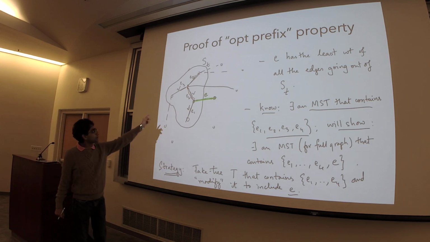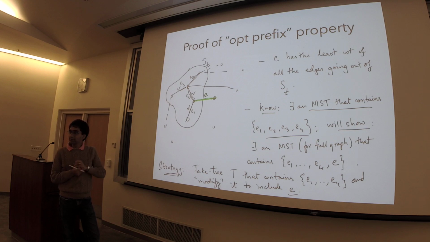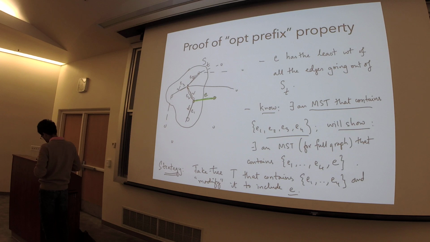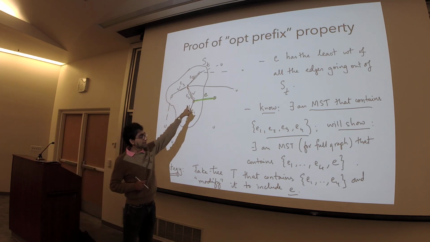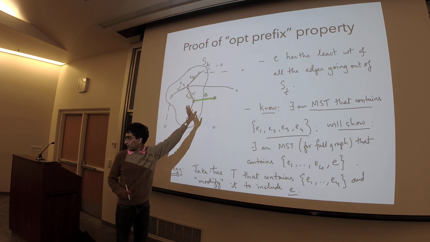So now how are we going to do this? Right? So how does this other tree look like? Right? So T contains E1 through E4, but it does not contain E. Right? So if it contains E, you're done.